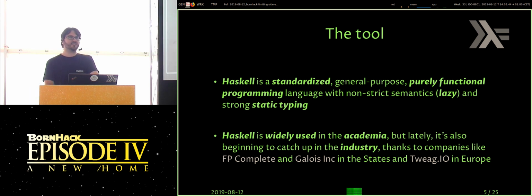So lazy means, compared to most programming languages which are strict, that if a computation is not going to be used, say we write let foo equals 42 times 42, and I don't use that foo in the rest of the application, Haskell will not evaluate that calculation. It will just skip it. So this is what we mean with lazy.